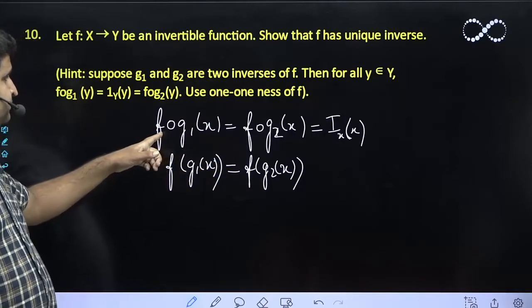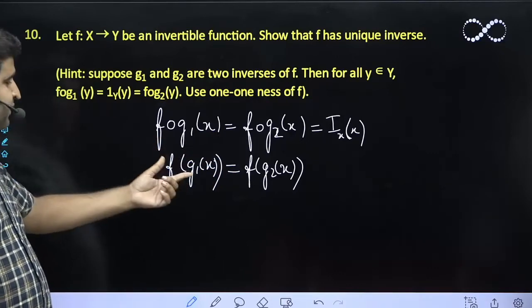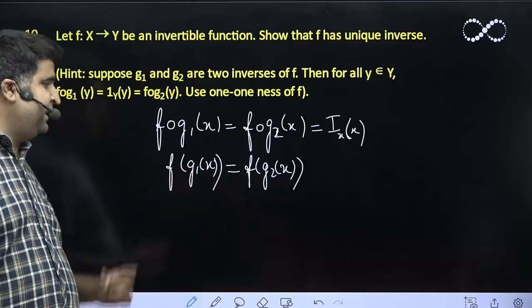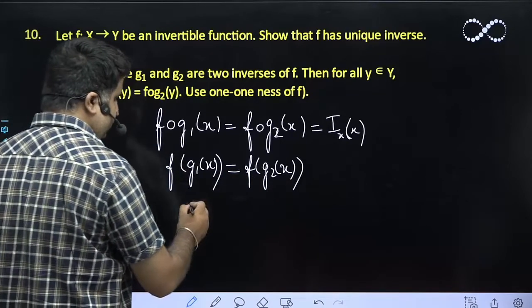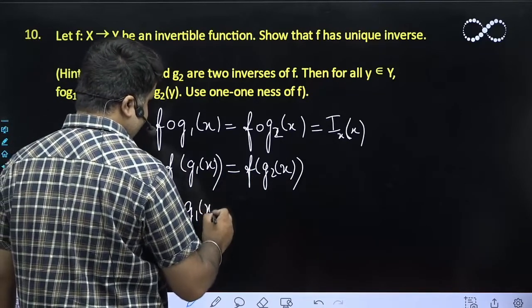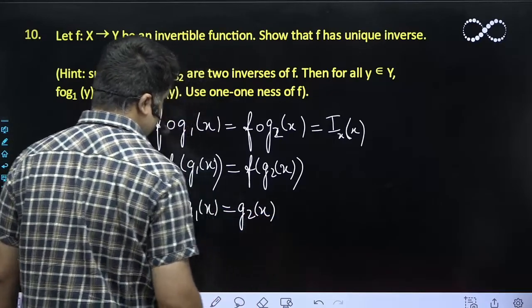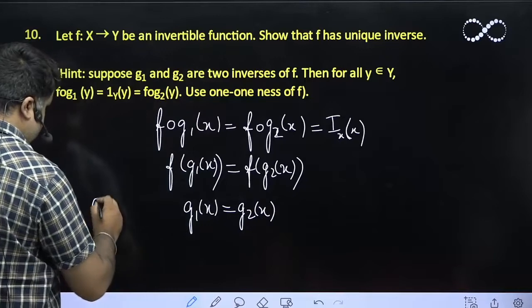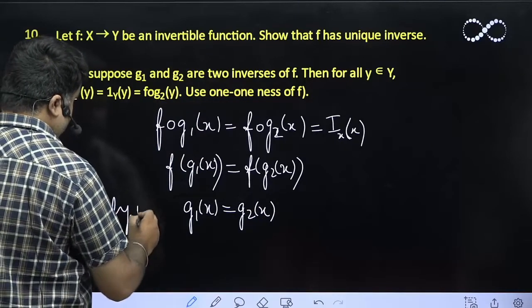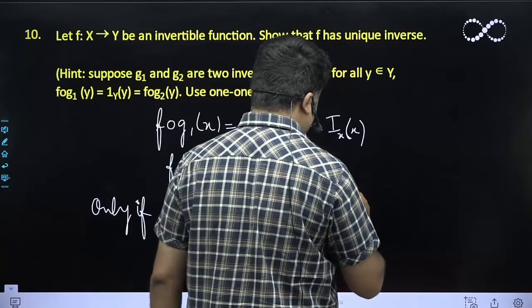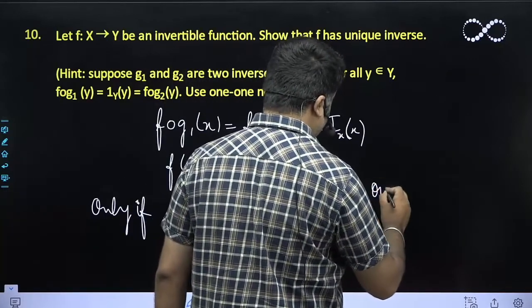So now f of g1(x) and f of g2(x), this will be equal only if g1(x) is equal to g2(x). And why is this? Because this is a one-one function.